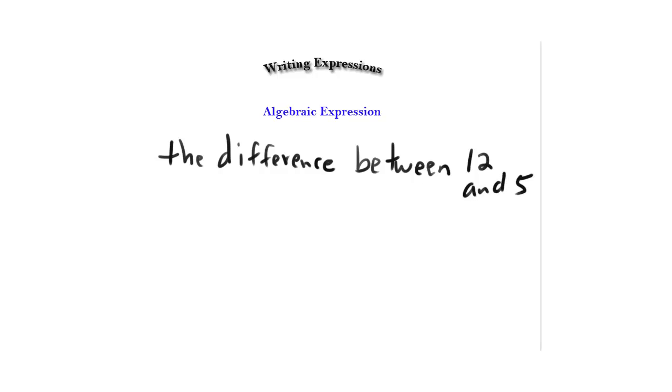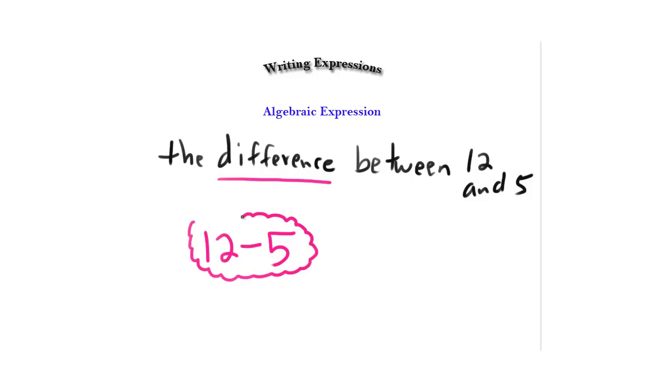So the key word here is difference. That indicates subtraction. So for this particular example, it'll just be 12 minus 5. So this is the expression written out from the word phrase up here.